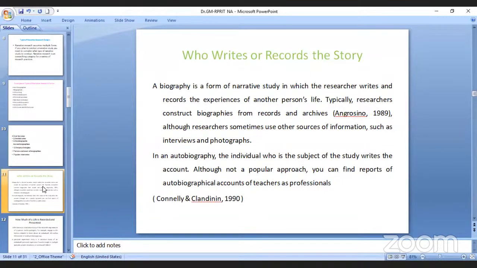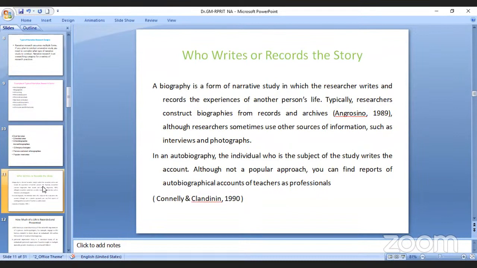So it is written by somebody about another person. Typically, researchers construct biographies from records and archives, although researchers sometimes use other sources of information such as interviews and photographs. So we may come across so many biographies, biopics.